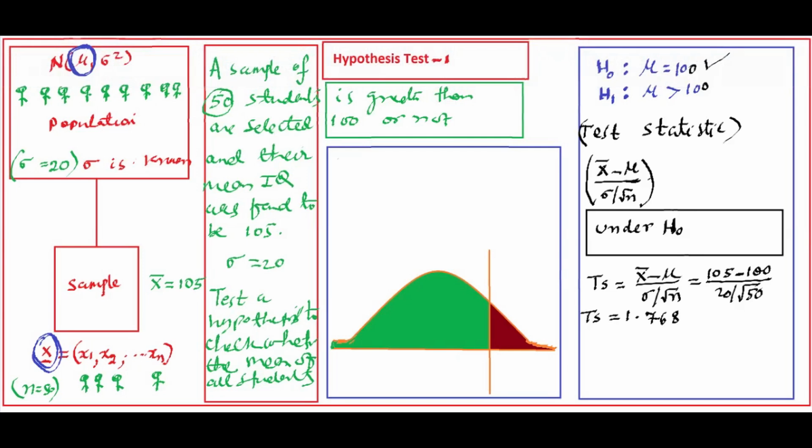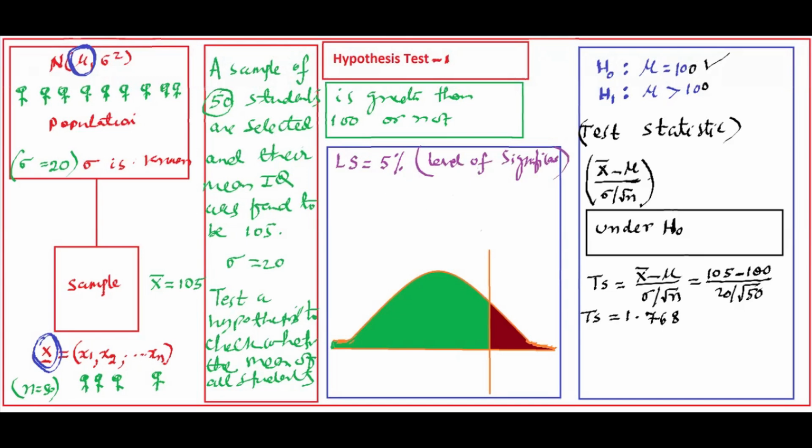So with the level of significance, you can say 5%. 5% level of significance. With 5% level of significance, you are checking.